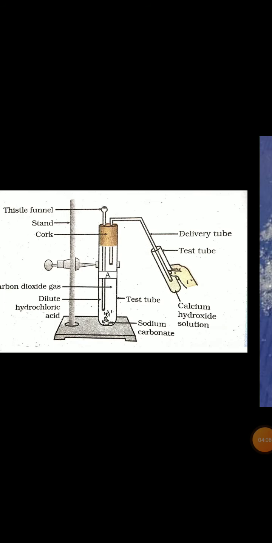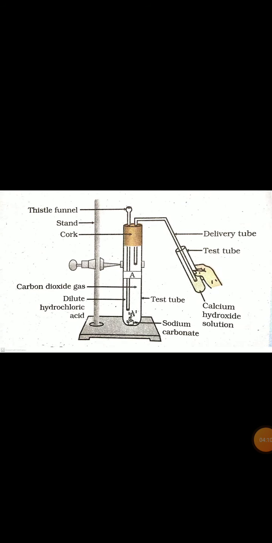Now the next reaction of ethanoic acid is with carbonates and hydrogen carbonates. For that, let us understand an activity. Here we have to set up the apparatus which we have used in chapter 2, also in activity 2.5. Like this, we'll take all the apparatus and set it up. What do we use for this activity?